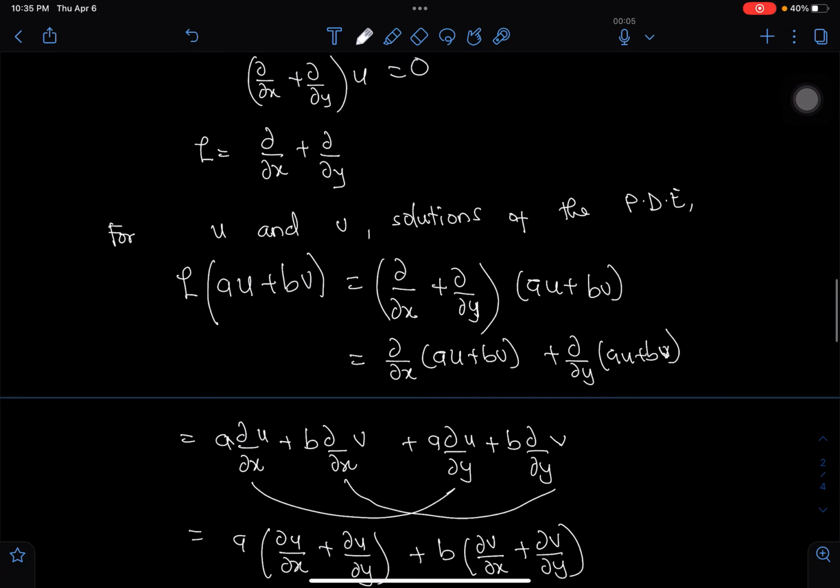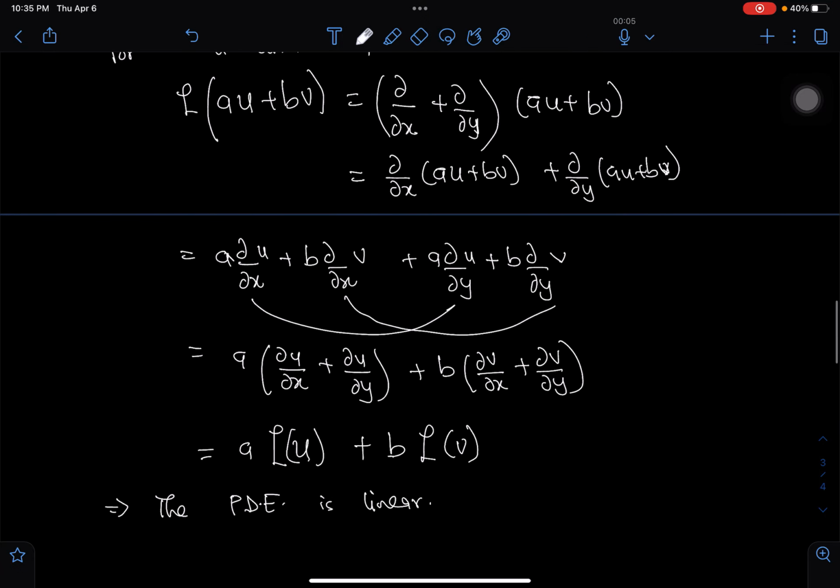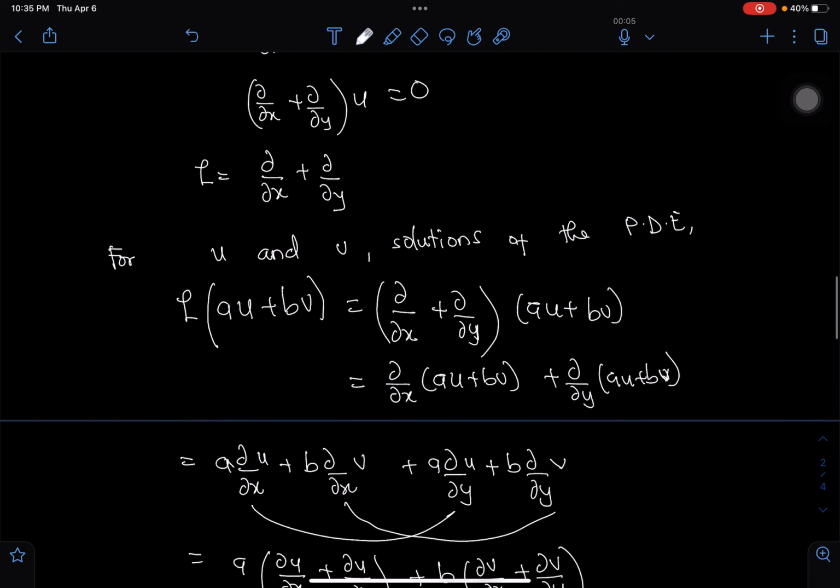Okay, and one thing you get to know is that you can use this method to show whether a PDE is linear or not.